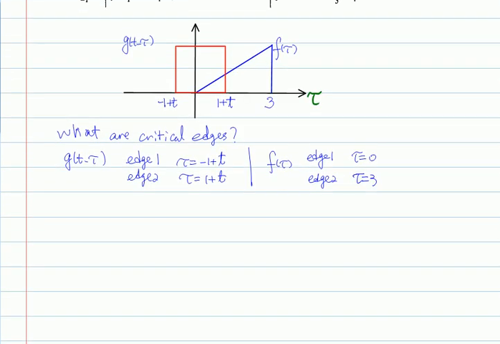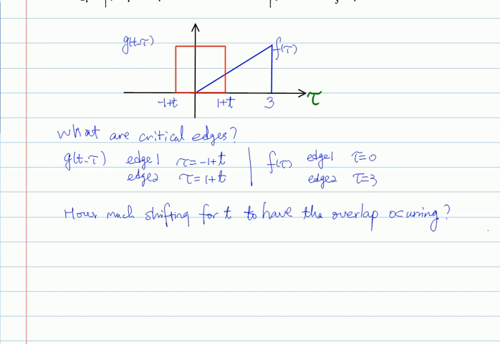Okay, so let's take a look at this. The first question is, how much shifting, or what value of t, is needed for the overlap to occur? Well, look at the original function.